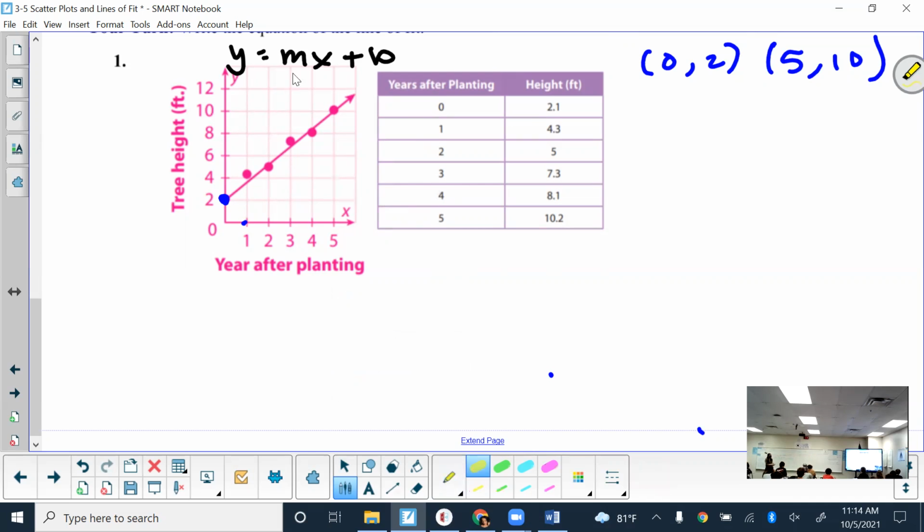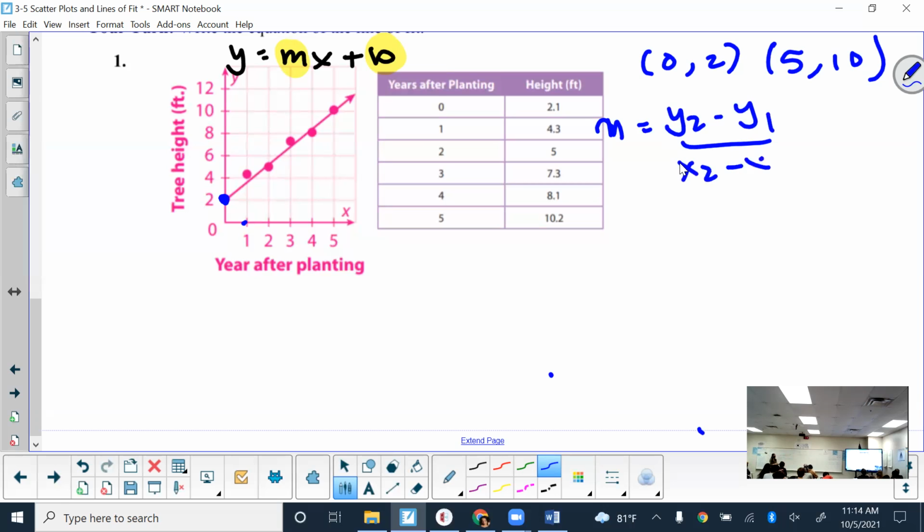The m and b. So we can start with the m, just like how we did in the last problem, and calculate the slope. What is the formula for that? Good, so that's your slope formula: y2 minus y1 over x2 minus x1.